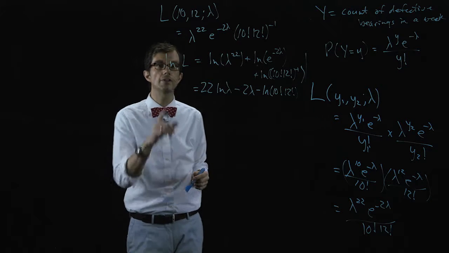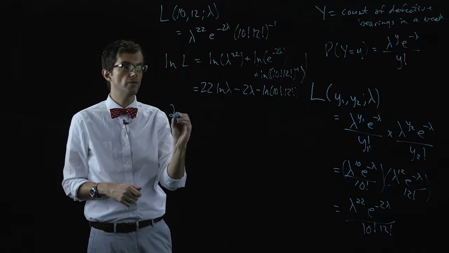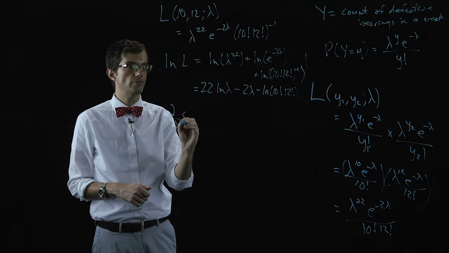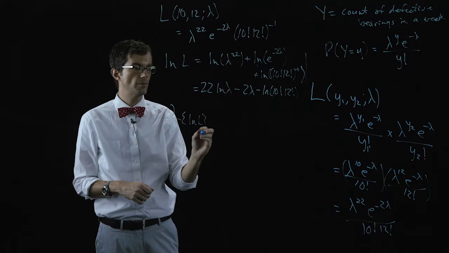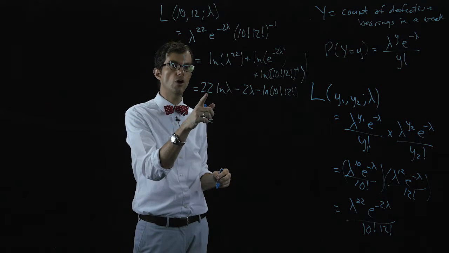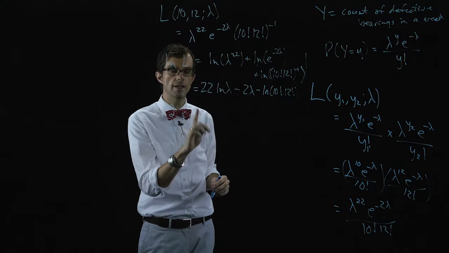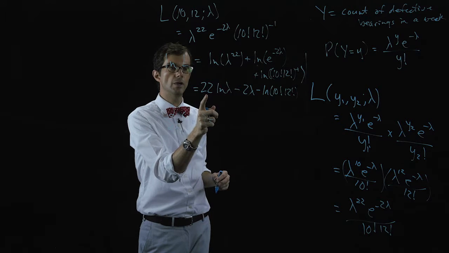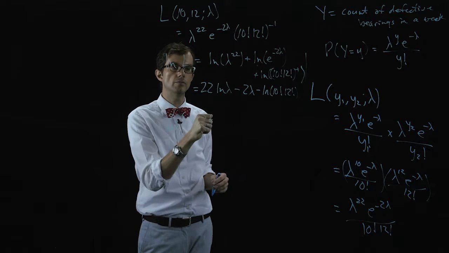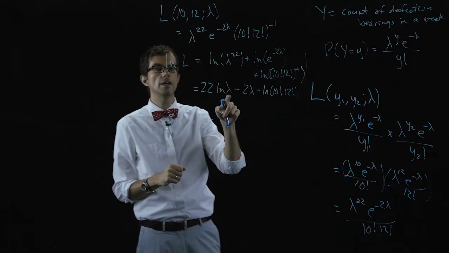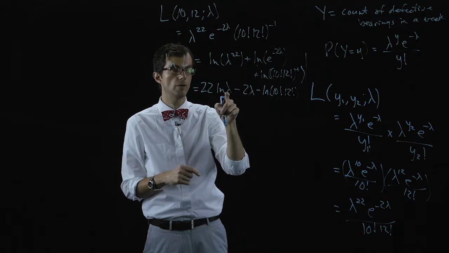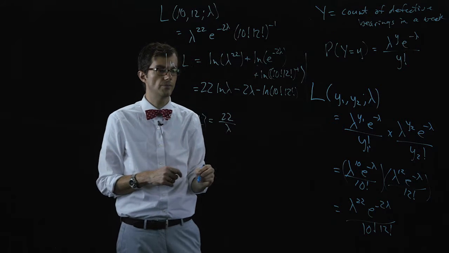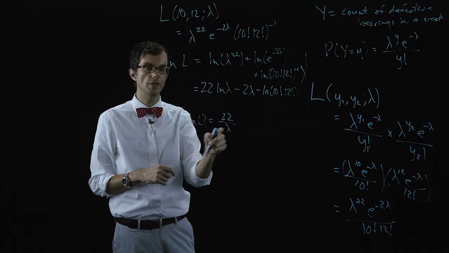What we want to do is take the derivative of the natural log likelihood with respect to lambda. The derivative of 22 times the natural log of lambda: the derivative of a natural log is 1 over whatever is inside the natural log, so this would be 22 over lambda.